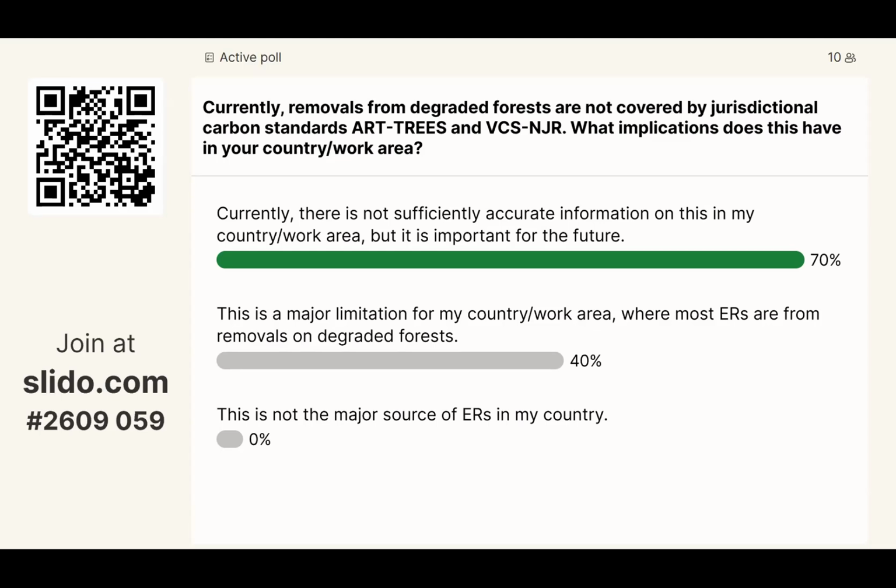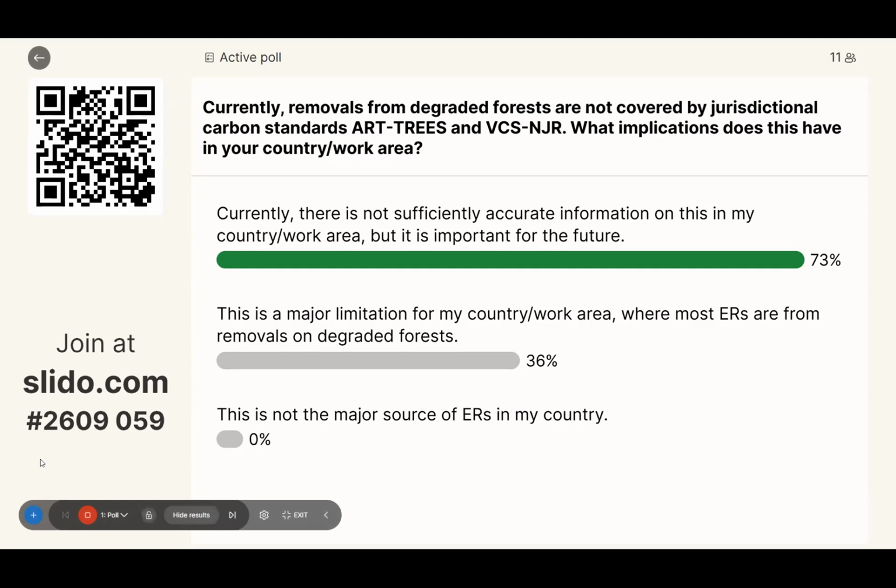Interesting. So yes, this is not really surprising, right? A lot of countries feel it is important, but the information isn't yet sufficiently accurate.